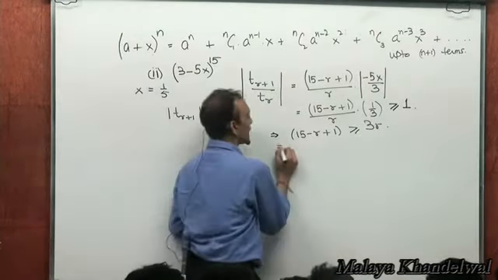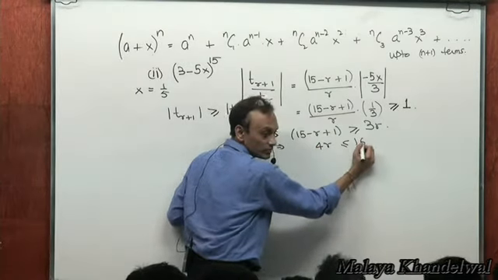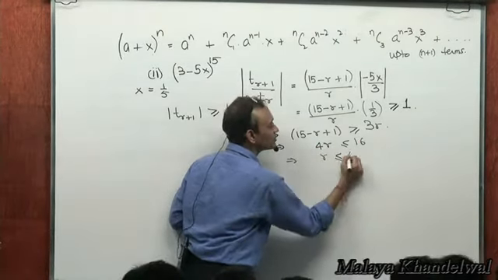That means 4r is less than or equal to 16. This happens when r is less than or equal to 4. Yes or no? Yes. And for r equal to 4, this ratio will become equal to 1.